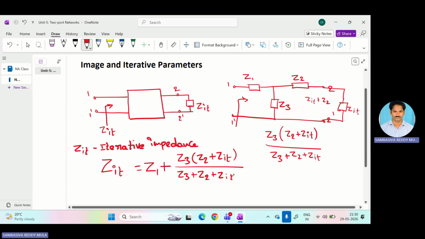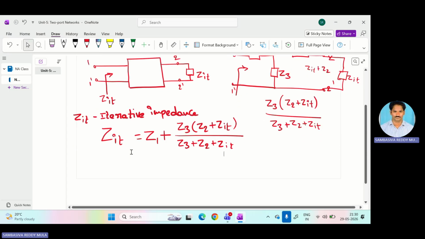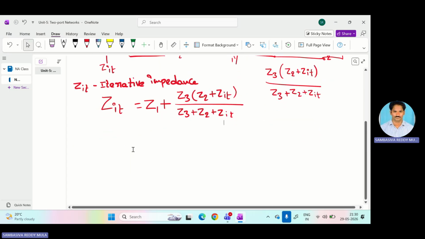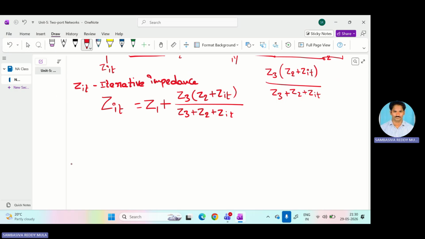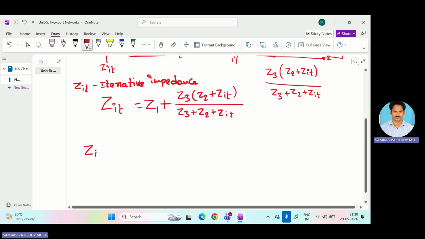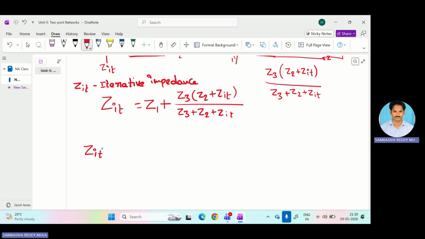Now let us determine the expression for ZIT. If we find the expression for ZIT, we can get the iterative impedance of a T network. Now by cross multiplication, I am writing the ZIT terms on one side and the remaining Z1, Z2 and Z3 on the other side, so that we will get the expression for ZIT.